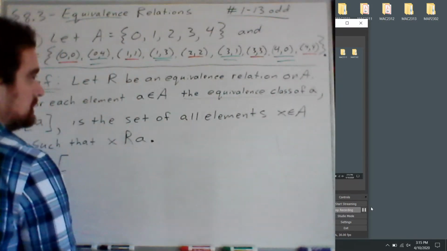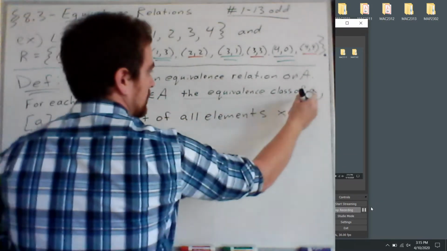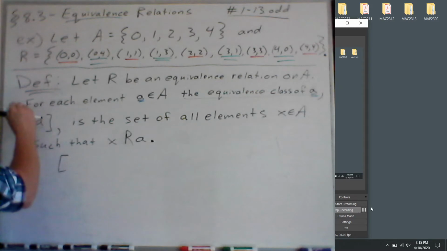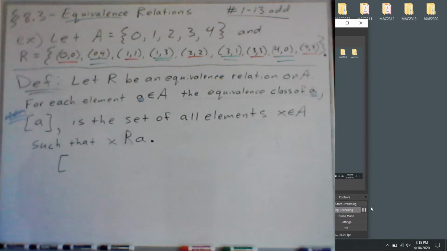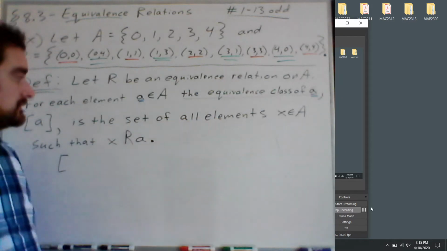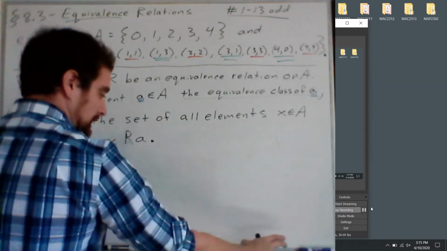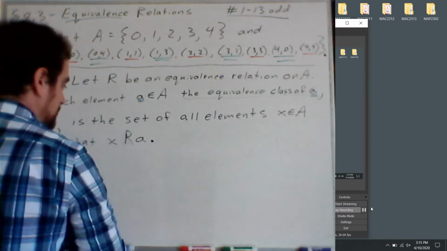So this should be the equivalence class for this element, lowercase a, which gives us this notation, bracket a, is the set of all the other elements in the set capital A such that all those other elements are actually related to this specific element a.